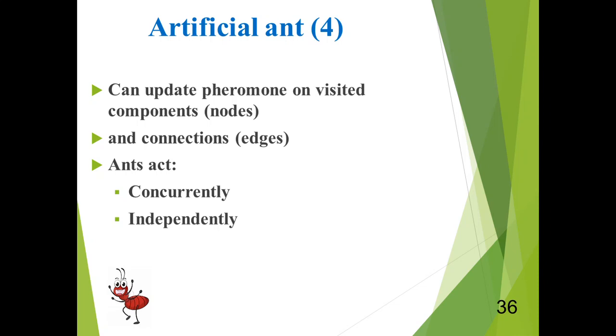Artificial ants number four: can update pheromone on visited components, nodes and connections, and act concurrently and independently.